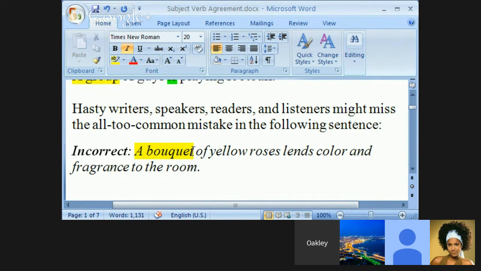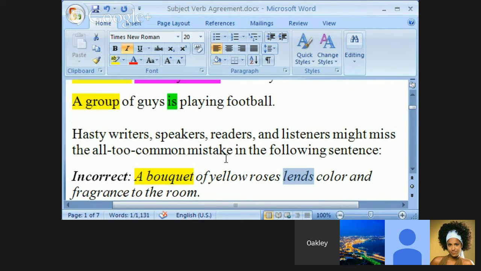So when I have a or the and then a singular noun, even though it's followed by yellow roses, which are obviously more than one rose, this should be lengths, exactly as Carvalho has described. So just recognize what the subject noun is. That's the whole secret.